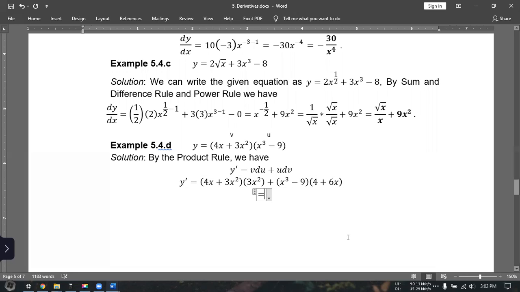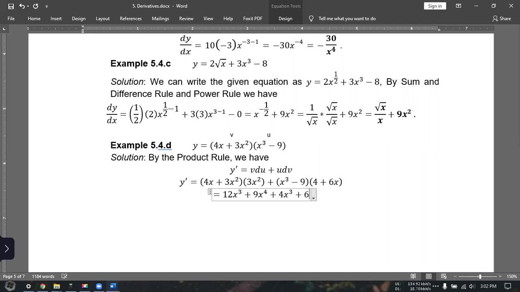Simplify this. By distributive property, we have 12x cubed plus 9x to the fourth. And this is the FOIL method. First terms, 4x cubed. Outer terms, 6x to the fourth.